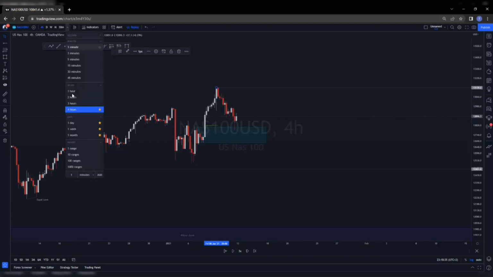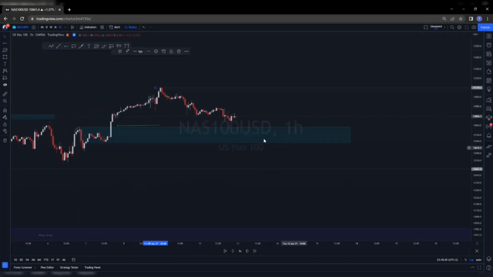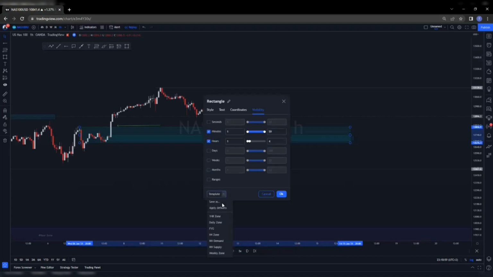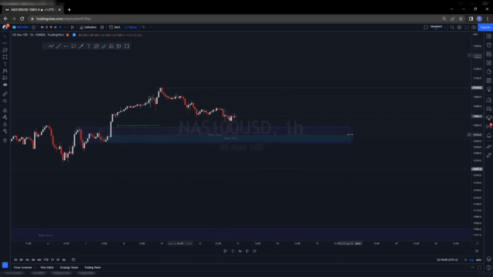We go to the 1 hour. We have a fair value gap nested. The market has incentive to take out this liquidity over here, so we can place a limit order here.